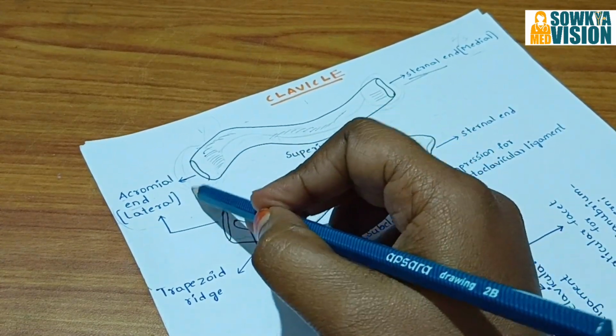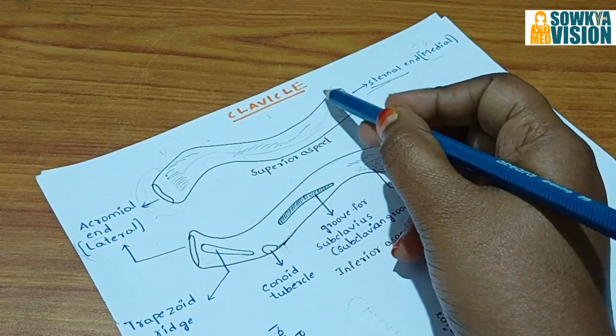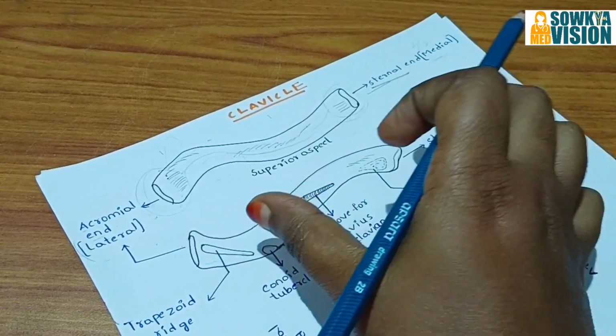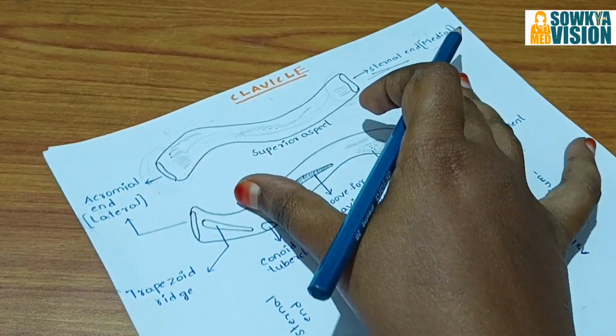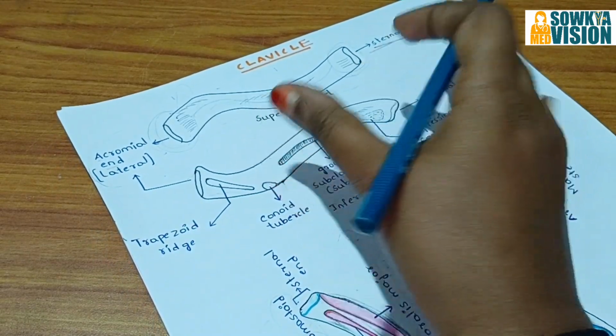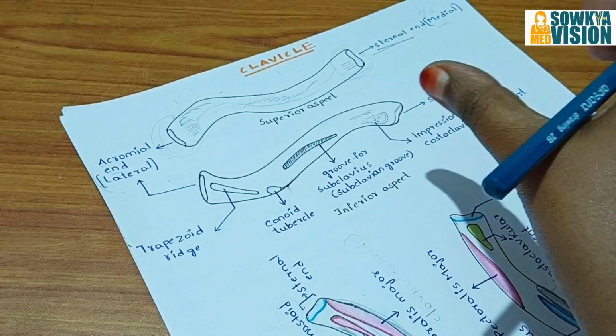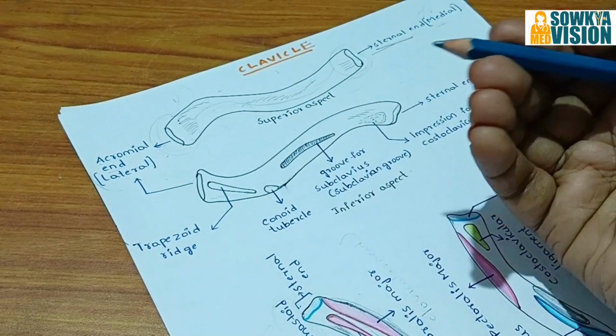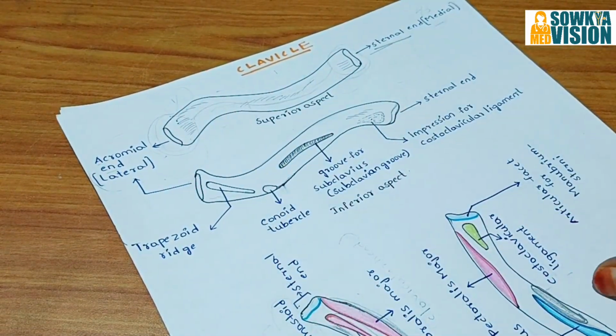So the lateral end is the acromial end and the medial end is the sternal end. The shaft is S-shaped and horizontally presented, and the collarbone, the clavicular bone, the beauty bone, is subcutaneously presented, which is not so deep. It is subcutaneous throughout its length.